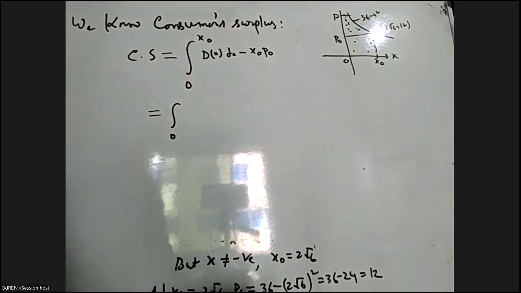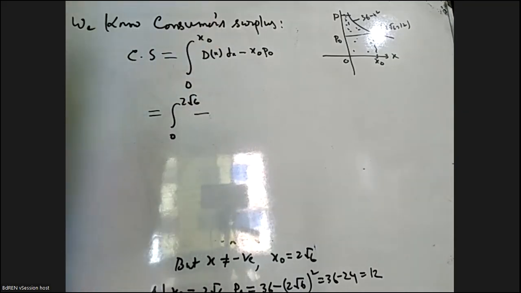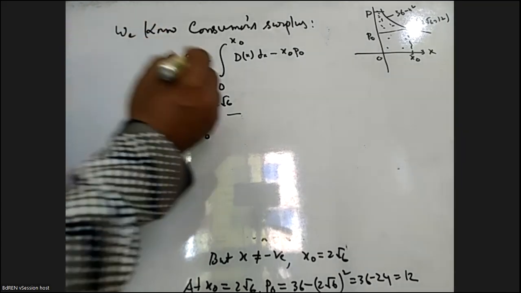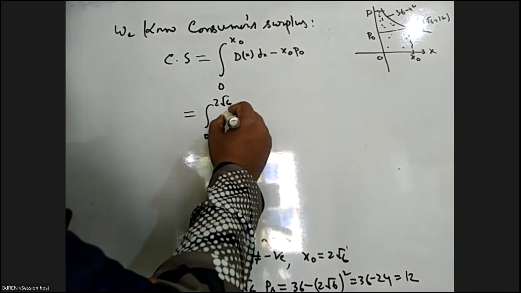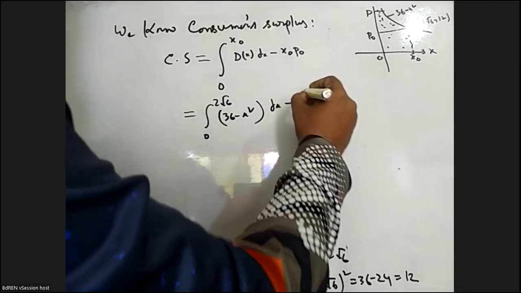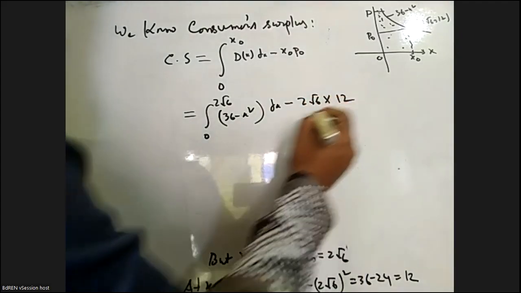So from 0 to x naught, what was 2 root 6, the demand function, what was 36 minus x square dx, and x naught was 2 root 6, and p naught equals to 12.